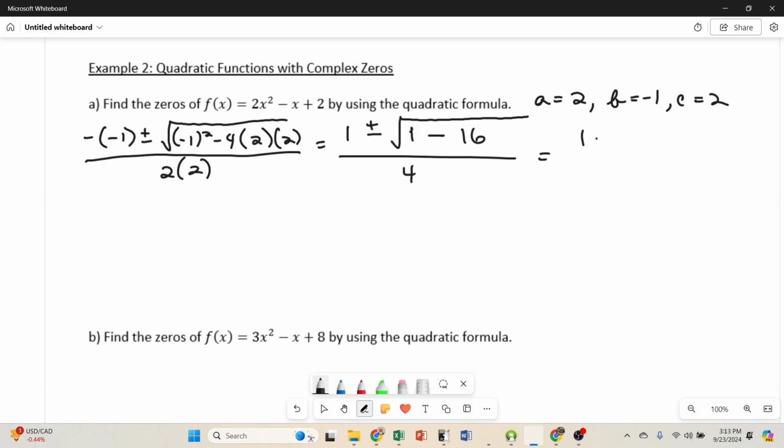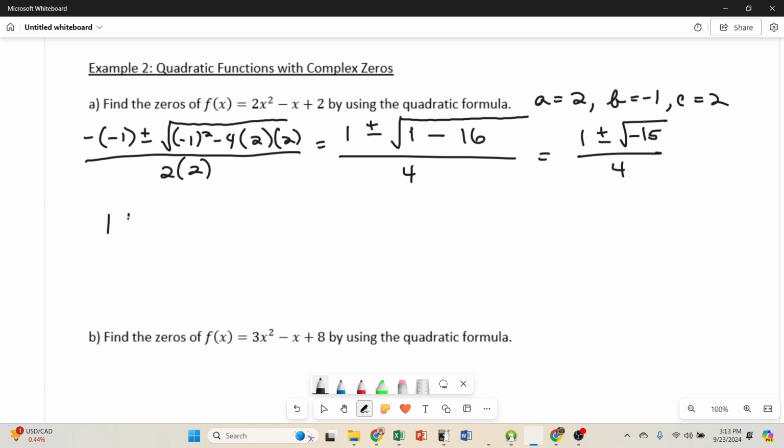So this becomes 1 plus or minus the square root of negative 15 over 4. So now we got a problem here because we can't have negative square root. We got to fix this.